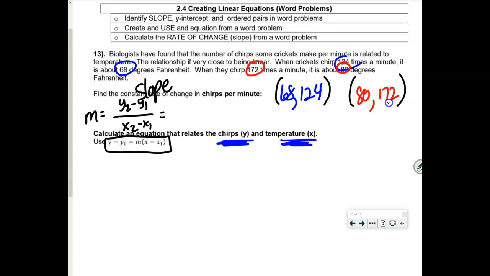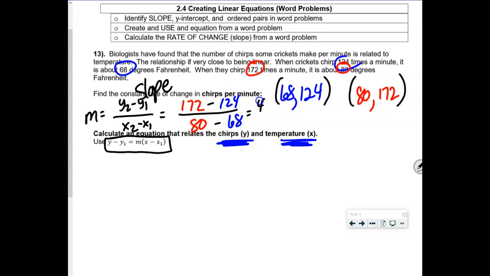So using our points that we just came up with, that'll be 172 minus 124 over 80 minus 68, and then the Meyer method says calculate the numerator and denominator separately.